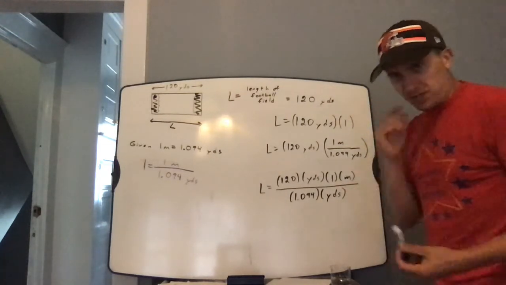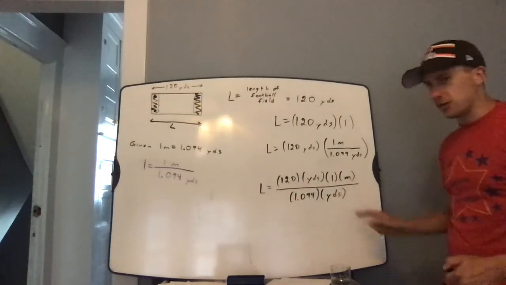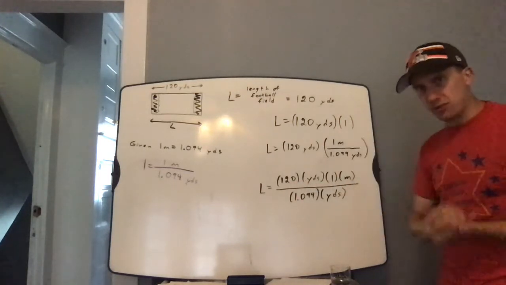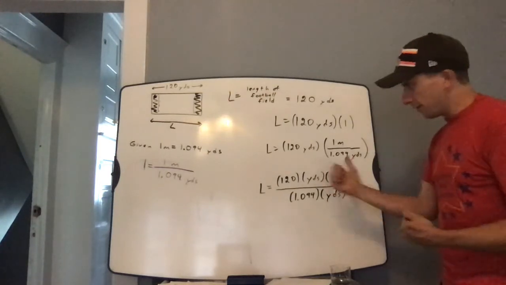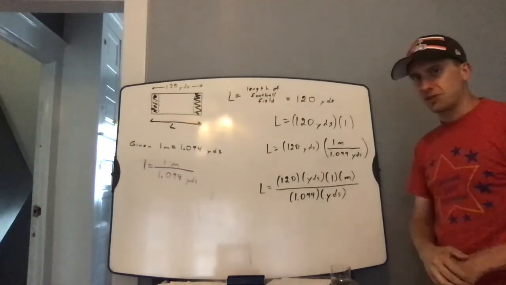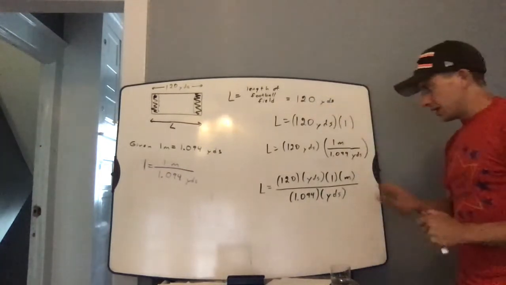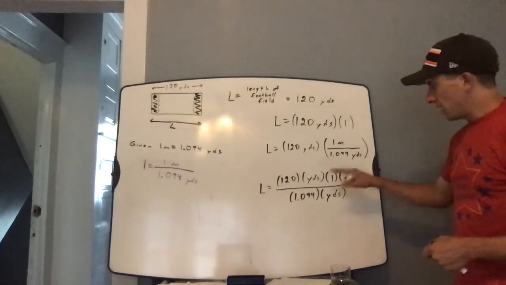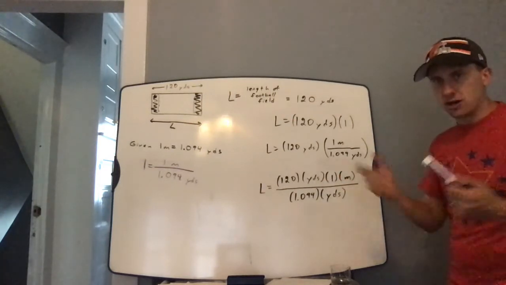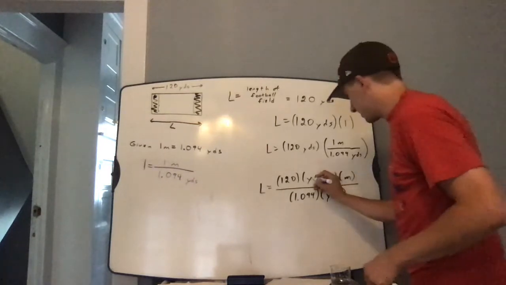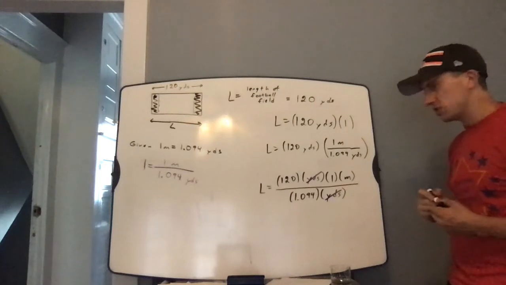Now I very explicitly gave every term here in its own set of parentheses just so I can point something out. Like I said at the beginning, this example of a unit conversion is way in depth just to point out some subtleties. One thing with math, whenever you have something upstairs and that same thing downstairs, they automatically cancel. So I could say yards will cancel because it is upstairs and downstairs.